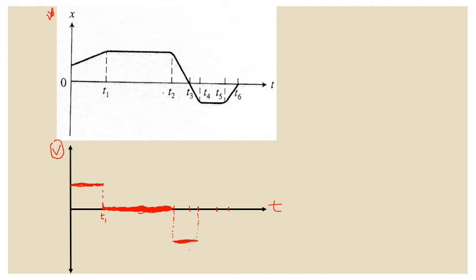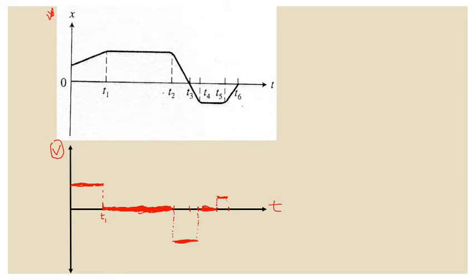Okay, so now from T4 to T5, the slope is 0, so the velocity is going to be 0. We'll just do that coloring again, make it nice and dark. And then from T5 to T6, the slope is positive. Now here's where the second part comes in.